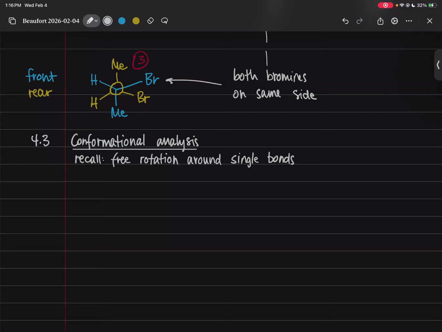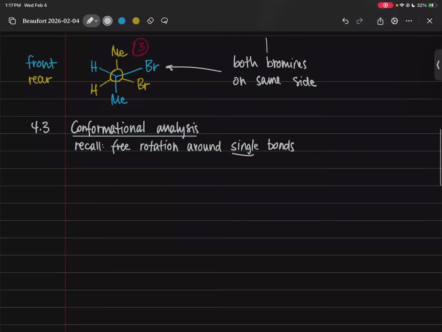So if we have a double bond and then we've got hydrogen on the outside, you can't bend this. I mean, you can, but you're going to break it. You can't rotate here. So this molecule is locked in place. This is one of the areas where the kit is fantastic because the physical model prevents you from doing something wrong, like trying to rotate around a carbon-carbon double bond. But if we just have a single bond, like so, we can rotate freely. Anyway, so we have free rotation around single bonds.